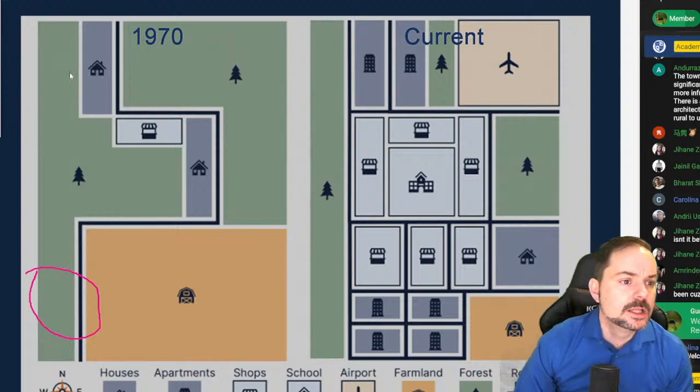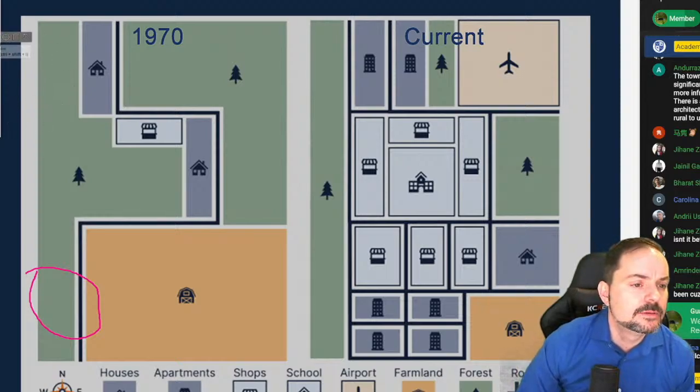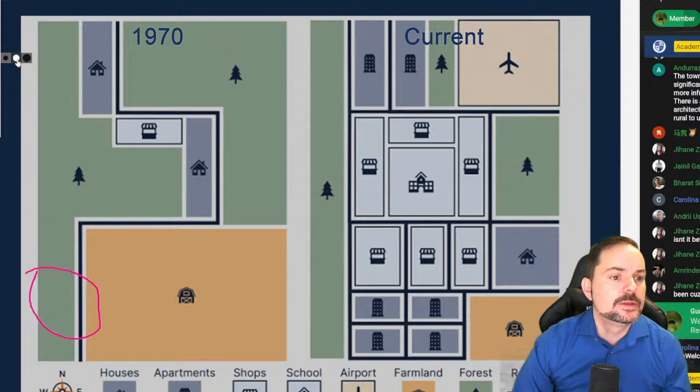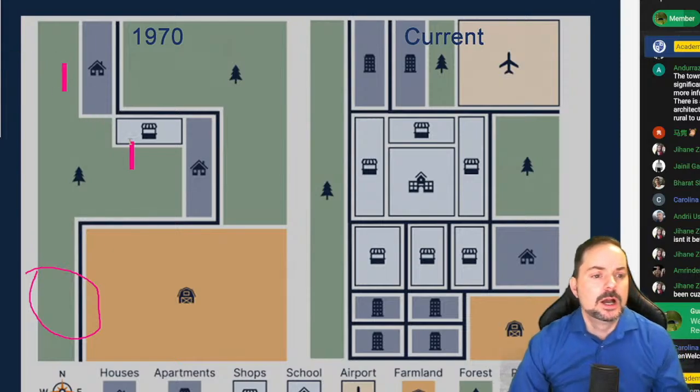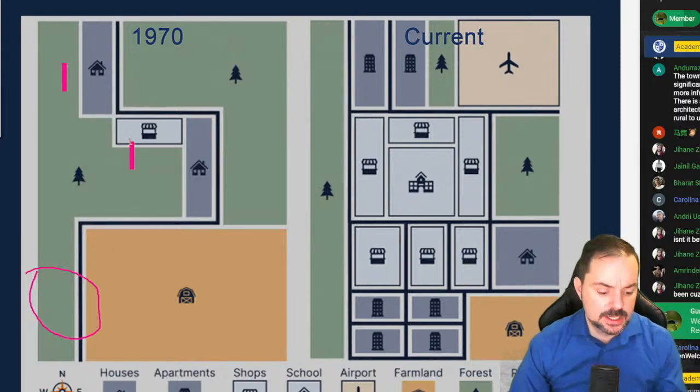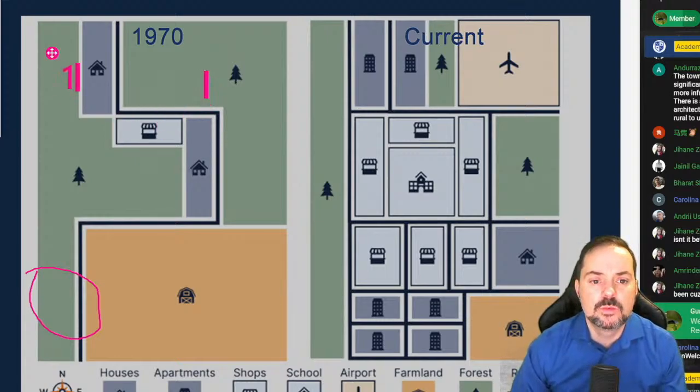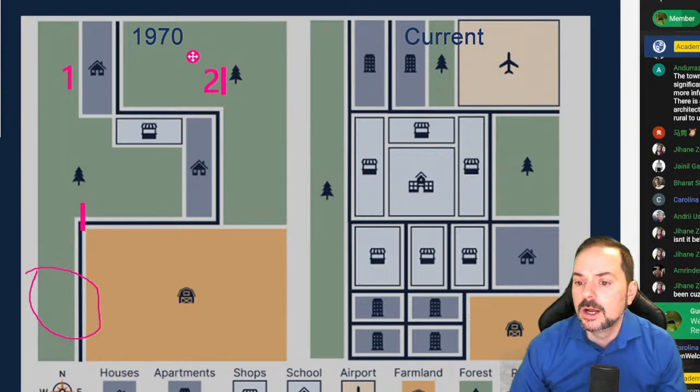Let's do a bit of typing here. Let's go a bit bigger on the typing. There we go. So I would probably start from here. I would divide this into quadrants, and I would do this as 1, and then here I would do 2, and then here I would do maybe 3 over here.